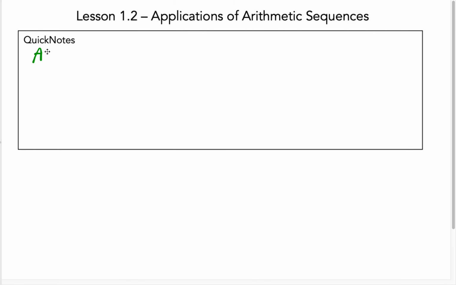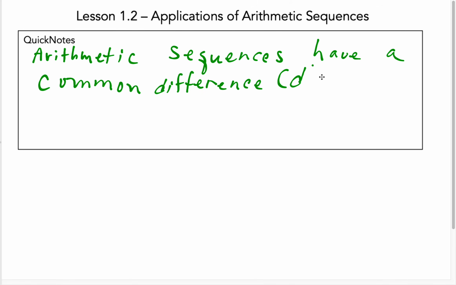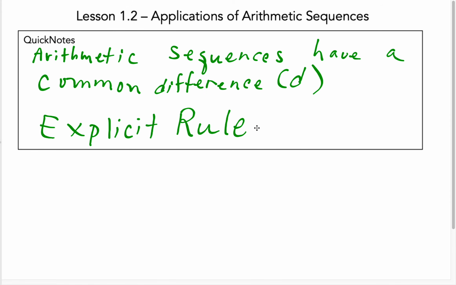Here we go. So in arithmetic sequences, we already know this, have a common difference. And that common difference is denoted by the letter d. In our investigation, we just came up with an explicit rule, which I'm going to write down. The nth term of a sequence: you start with the first term, you add the common difference times n minus 1.